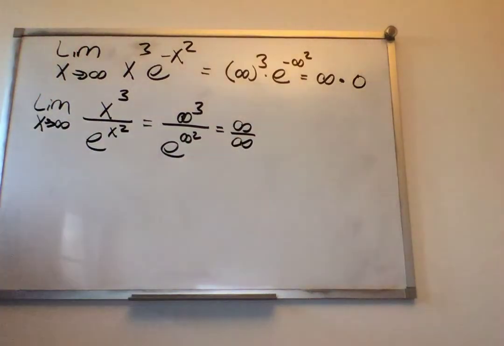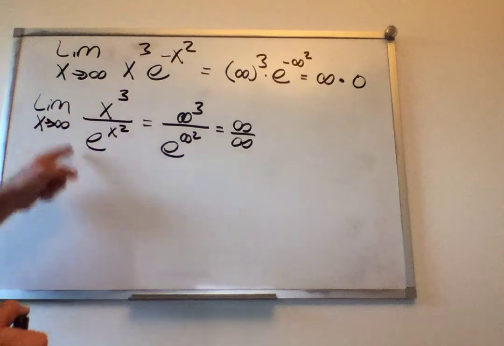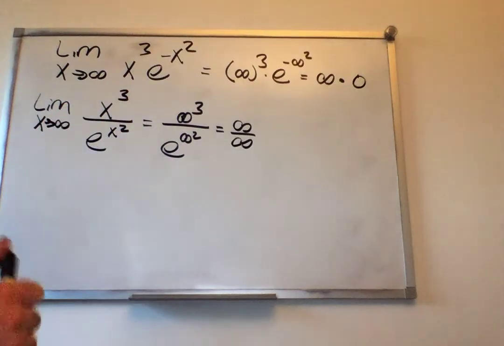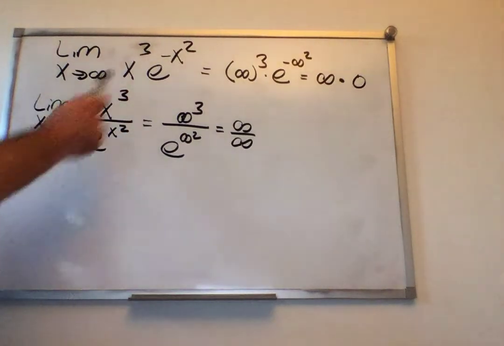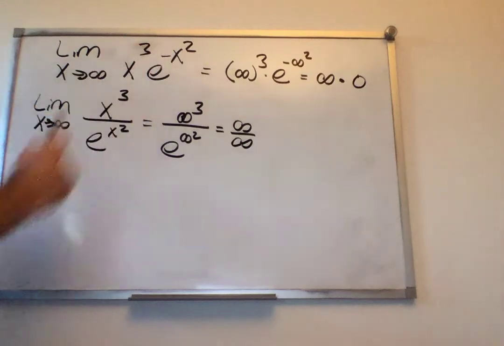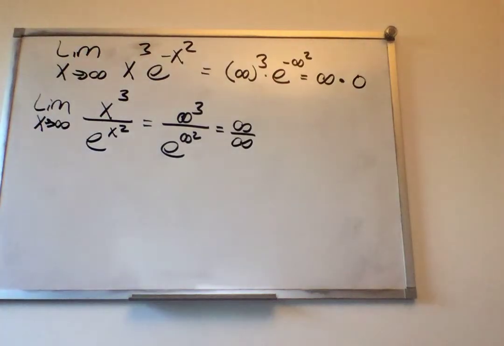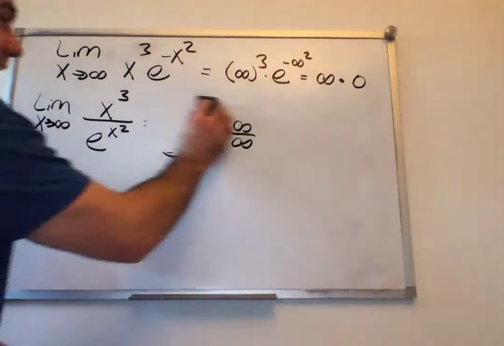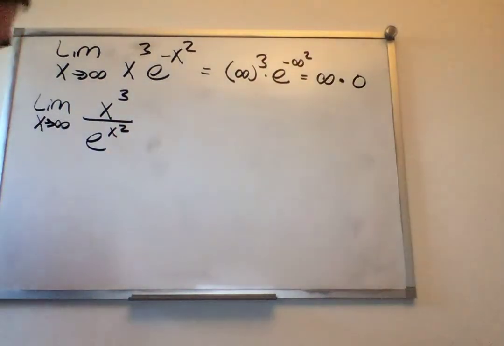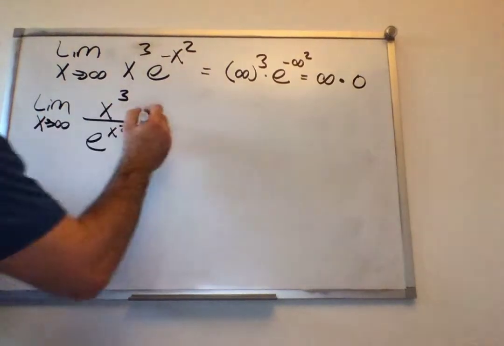Now that it's in the correct form, I can apply L'Hopital's rule. I cannot apply L'Hopital's rule up to here on this one yet, because L'Hopital's rule is only defined for infinity over infinity or 0 over 0. So now that I have infinity over infinity, let me go ahead and apply L'Hopital's rule.